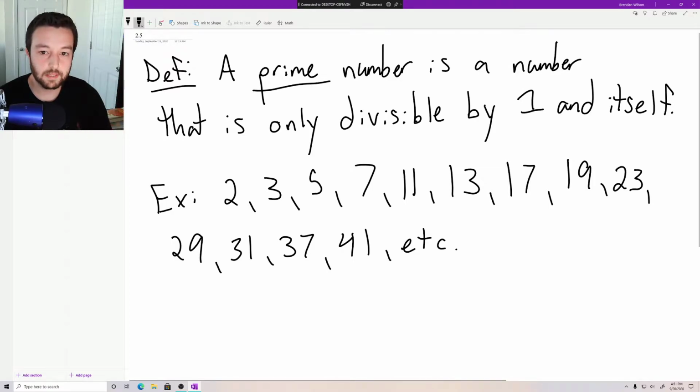There's an area of math called number theory, and one of the key parts of number theory is just studying prime numbers. I don't know a lot about the area myself, but if you think about cryptography, like code breaking, it's very useful in computer science, like protecting things like passwords, bank accounts, that kind of stuff.